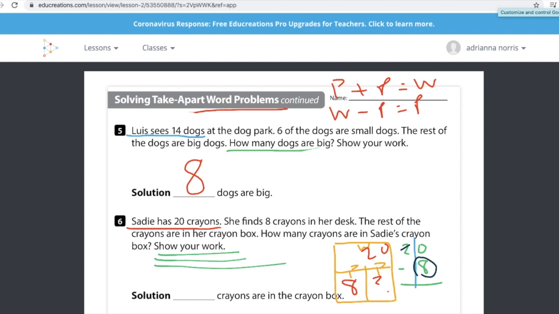I only need one because when I take one from the tens and put it back to the ones place, it's going to turn into 10 ones. I don't need 20 ones or 30 ones. I only need 10. So if I'm only taking one, 2 minus 1 equals 1. So I only have 1 left.